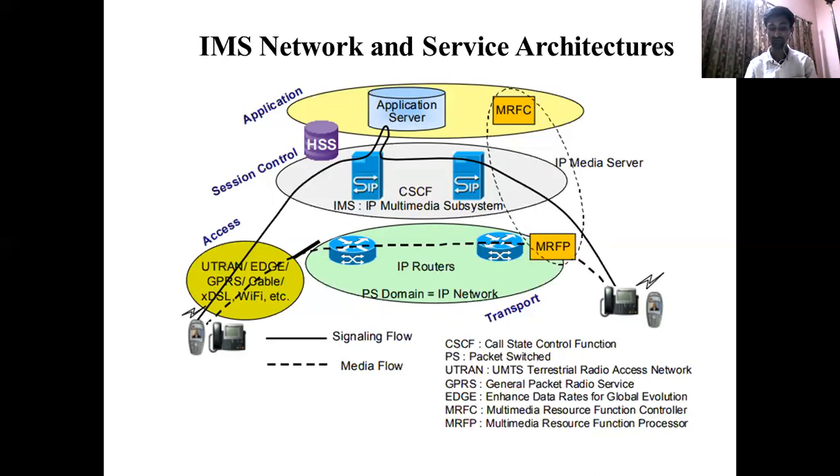Media resource functions, also known as MRF. Okay, so these are the most important things for any system. Next, I am going to tell you some advantages and benefits. What are the advantages and benefits?